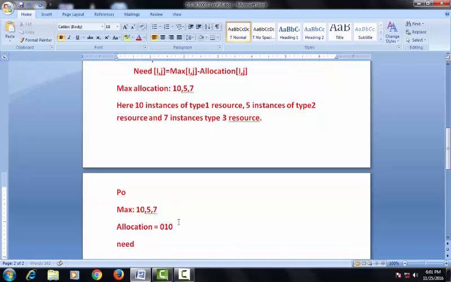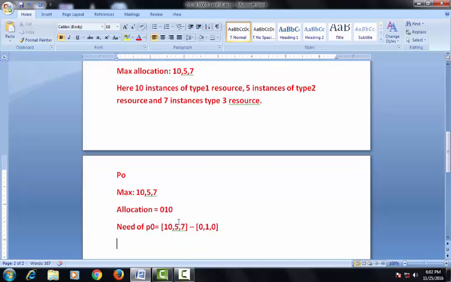So we can calculate the need of process P0 as 10, 5, 7, that is the maximum resource, minus 0, 1, 0, that is the allocation.